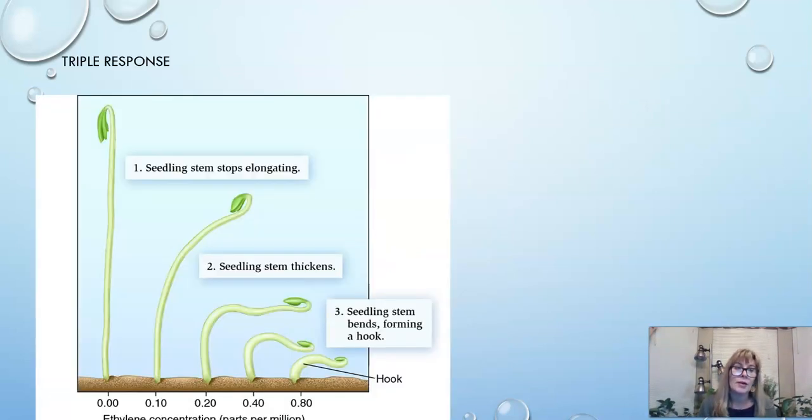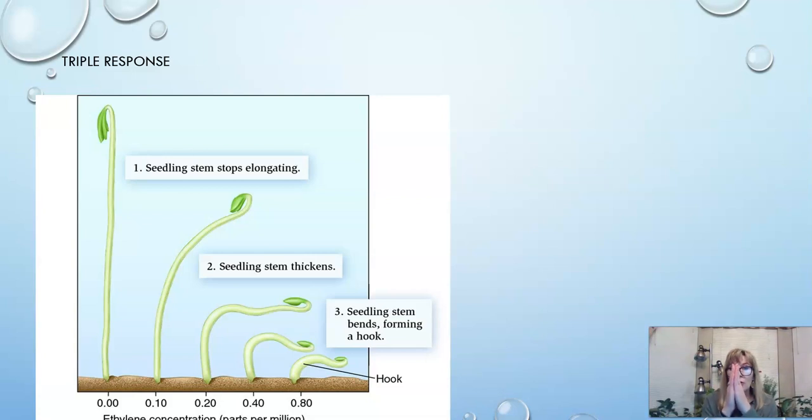All right, let's talk about the triple response just a little bit because it's funny and cool. And the triple response is due to some type of a mechanical stress on a plant. Like if you had some tulips and they needed to come up from the ground and you had accidentally put a pot right on top of where those tulips were planted, they would come up, they would feel a barrier.